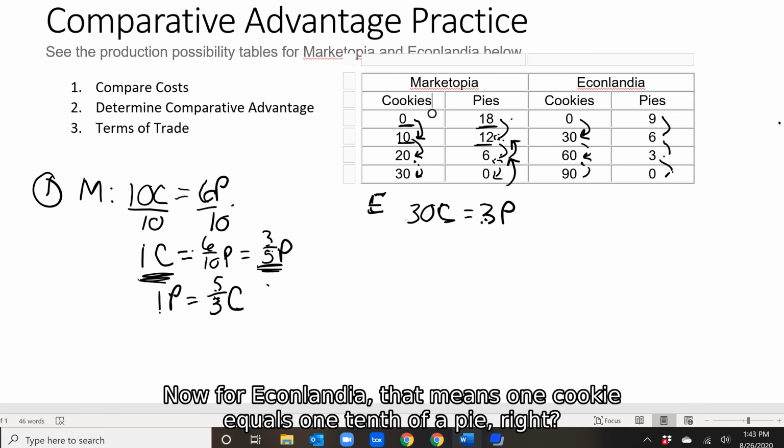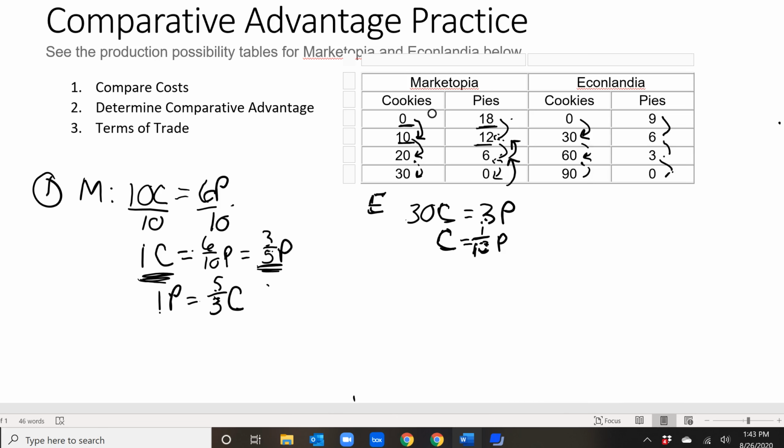Now for Econlandia, that means 1 cookie equals 1/10 of a pie, right? And 1 pie equals 10 cookies.